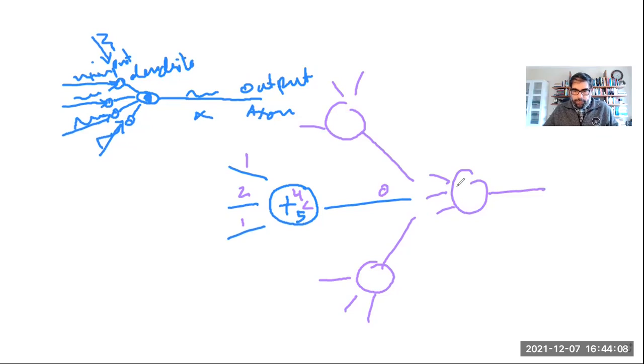So the output of this neuron would depend on the outputs of these neurons, whose output would depend on the outputs of other neurons. So we can have a network with many layers in it. And that's the difference between a neural network and a deep neural network. In a neural network, you have a small number of layers, like I've shown you on the diagram, but in a deep network, you have maybe several thousand layers.